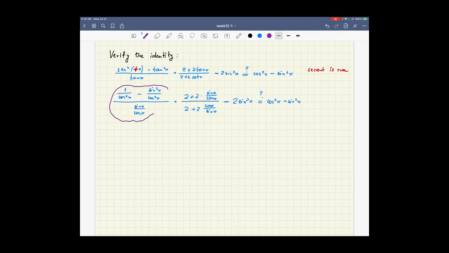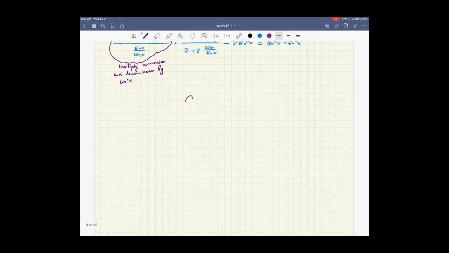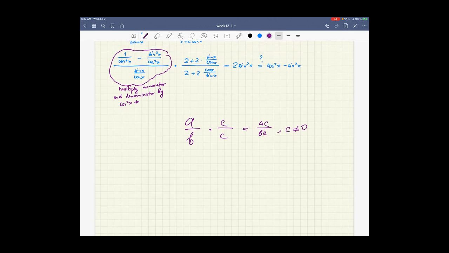Here, in the first fraction, let's multiply both the numerator and denominator by cosine squared x. Of course, when you have a fraction a over b, and you multiply and divide the numerator and denominator by a non-zero constant, you get the same fraction. Of course, here cosine is not zero.